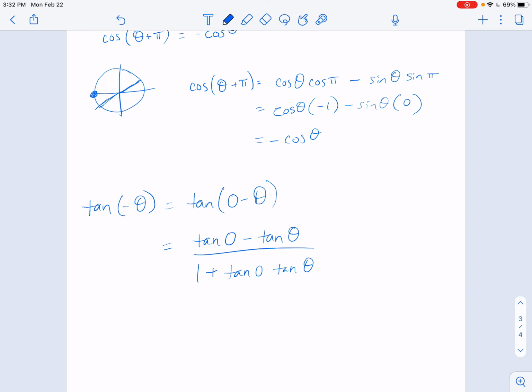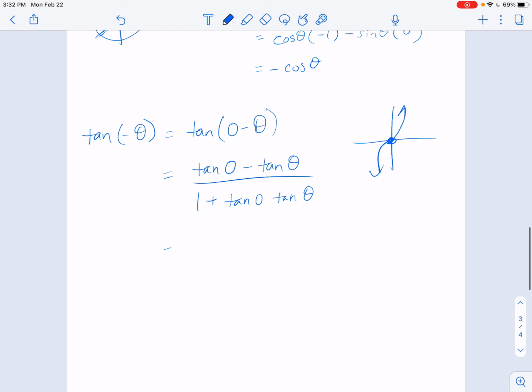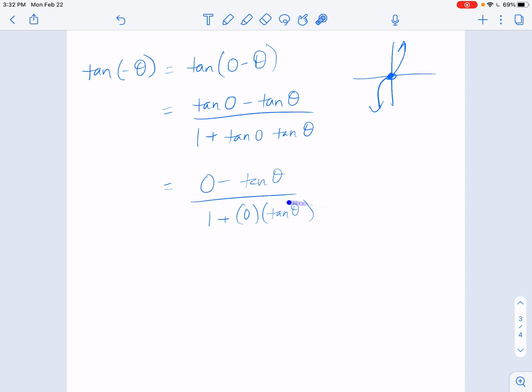Well, tangent of 0, I don't think unit circle as much as I think my tangent curve. That's 0. And so this is 0 minus tangent of theta over 1 plus 0 times tangent of theta. Notice this right here goes to 0, so I don't need to write that. And so I have negative tangent theta divided by 1, which is just negative tangent of theta.